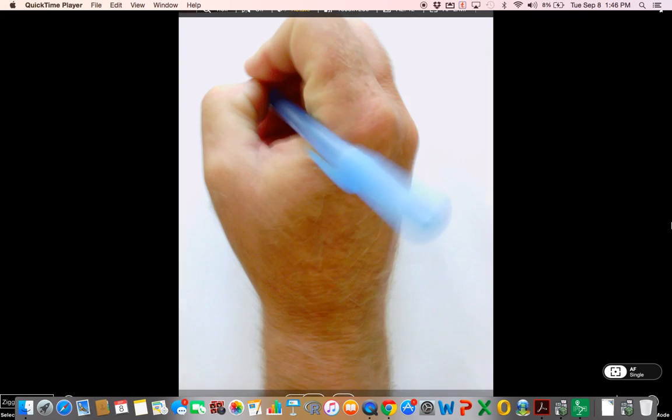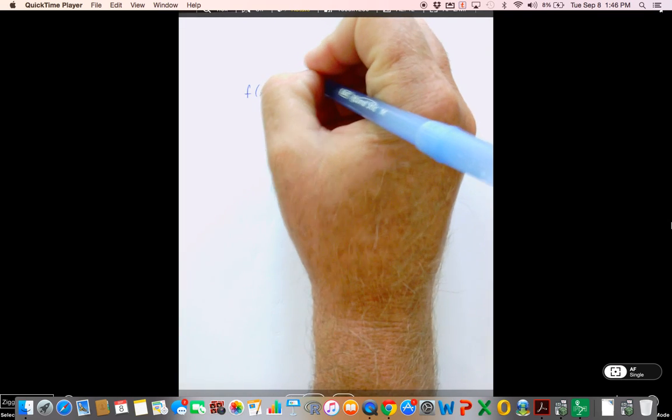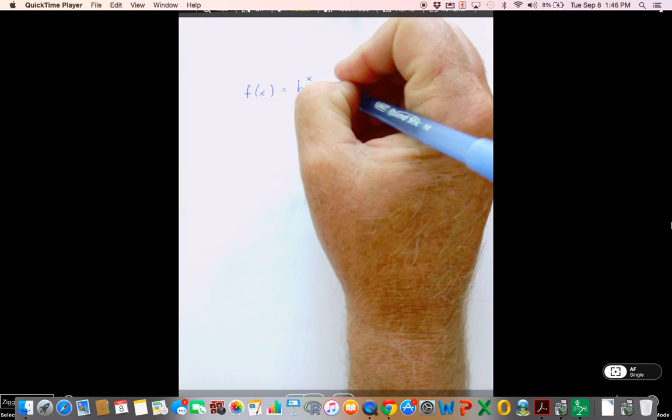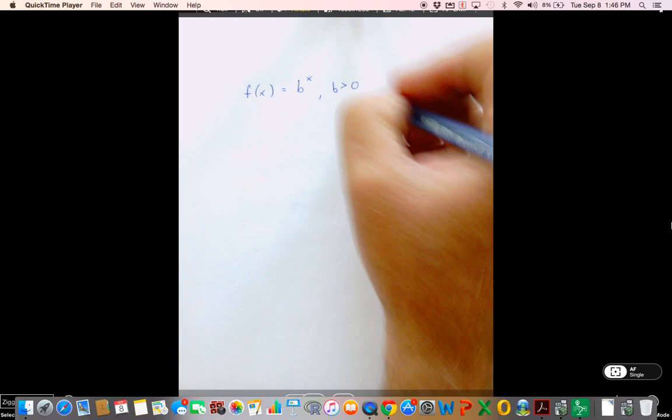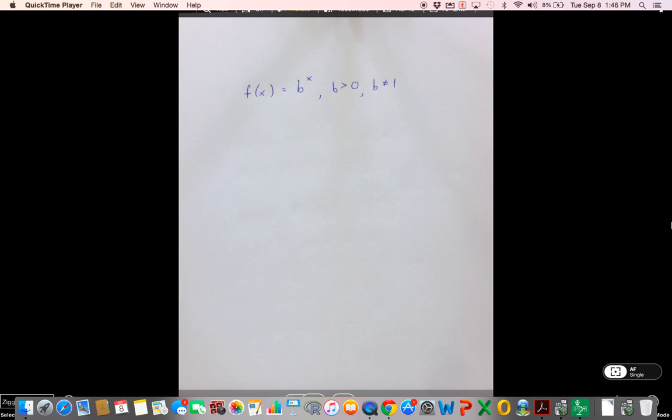All right, guys, what's an exponential function? An exponential function, for the most part, is f of x equal b raised to the x power, where b is greater than 0, and it would be kind of redundant to look at b equal 1.